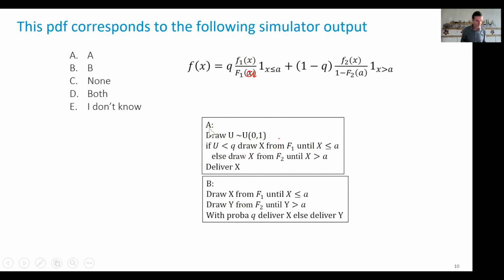With one difference, though: A is probably a bit more efficient in the sense that A calls the random number generator only twice, whereas B calls it at least 3 times, plus the number of rounds you need to do here, for every output. So B consumes more random number generator calls and is less efficient, but both are possible implementations.